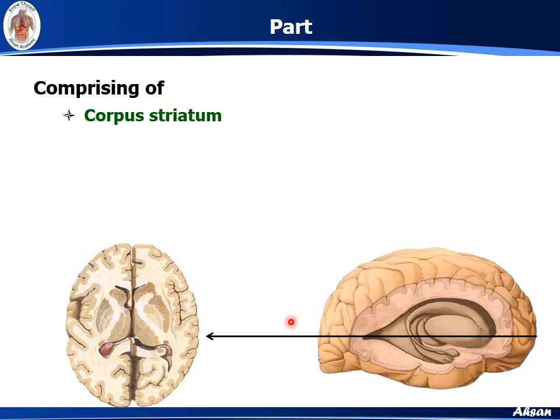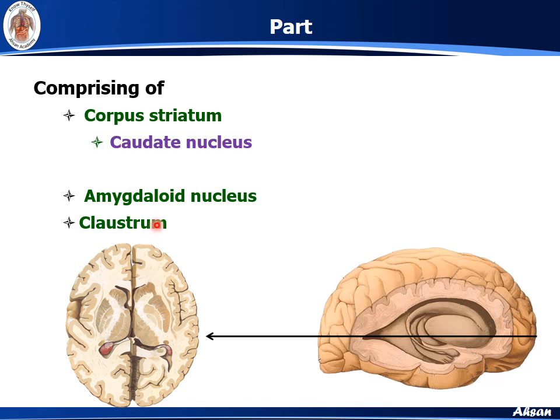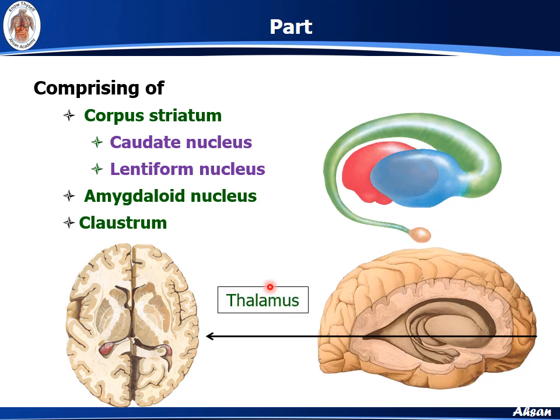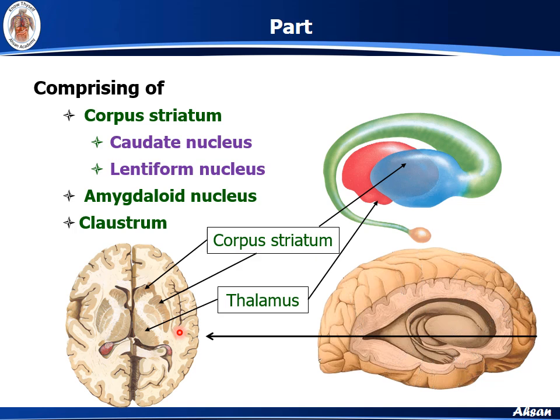Already we got the idea that the basal ganglion comprises the corpus striatum, amygdaloid nucleus, and claustrum. The corpus striatum comprises the caudate nucleus and lentiform nucleus. You can see this is the thalamus, already shown, and this is the corpus striatum making a mass, continuous behind and moving in a rounded course over the thalamus.